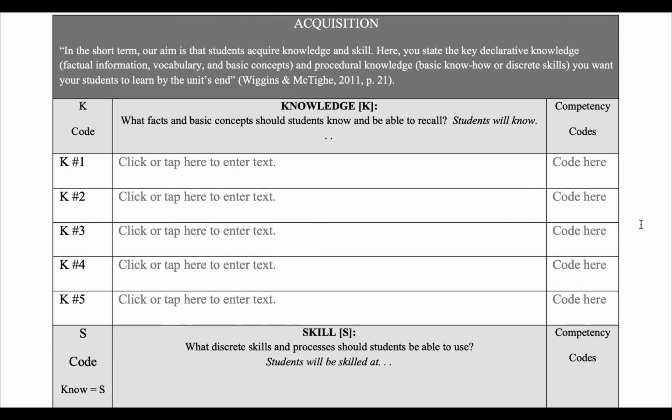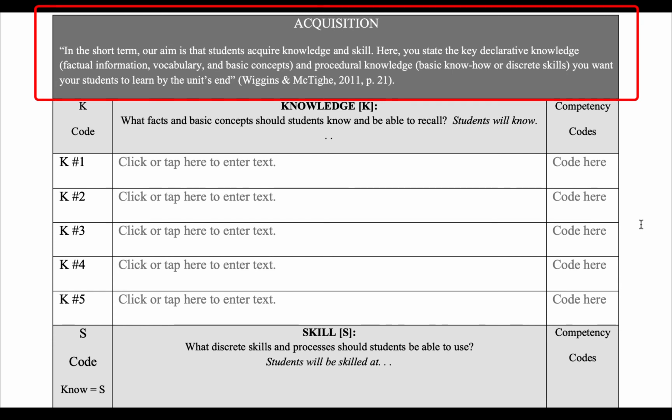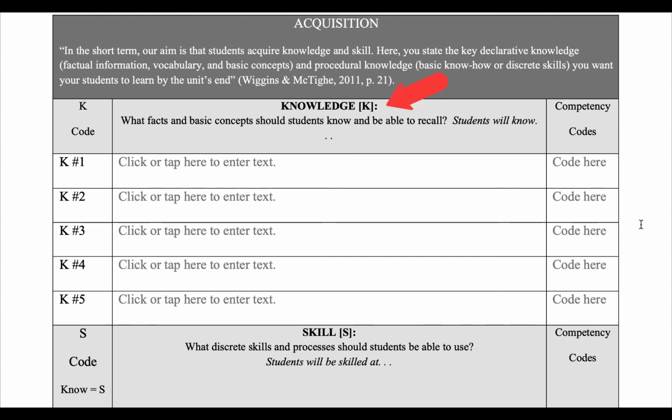Now we're down to the building blocks. Acquisition includes knowledge and skills, and these are the basic tools that we're teaching to students. It's good to think of knowledge as definitions, anything that pertains to your subject matter. These would be right or wrong answers.